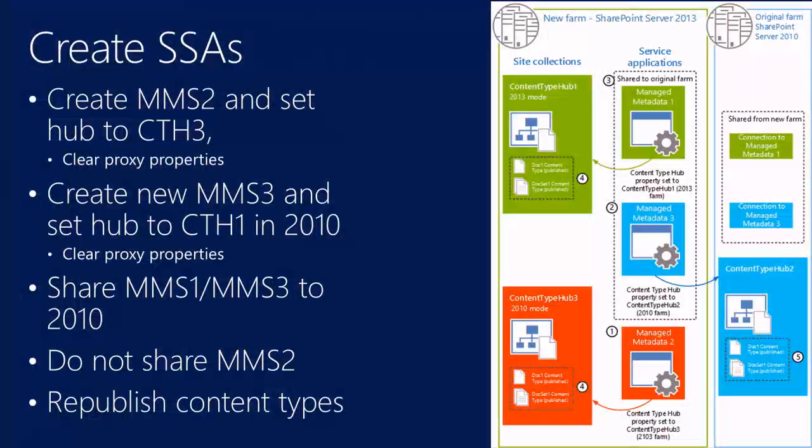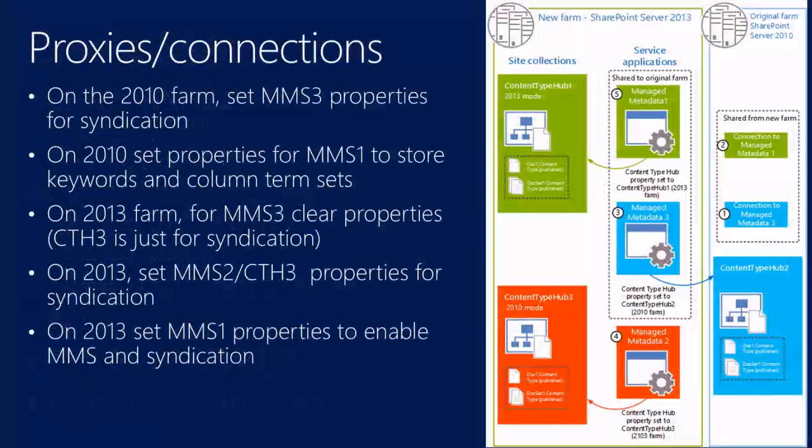The third hub will push those content types back to the source 2010 farm for sites that are in that mode. You have to configure the proxy connections to make sure that each of those published MMS applications knows where the content type hubs are and who's got managed metadata.